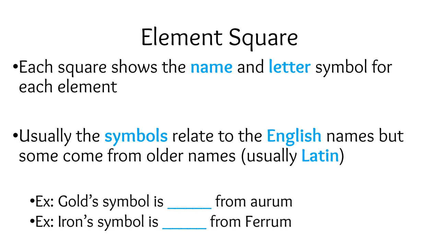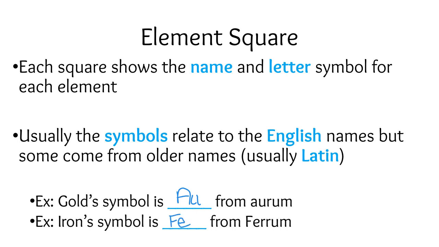We have a couple of examples here. Gold's symbol is actually Au, right? It's Au because of its old name. Iron, maybe some of you know this, some of you may not, is Fe.